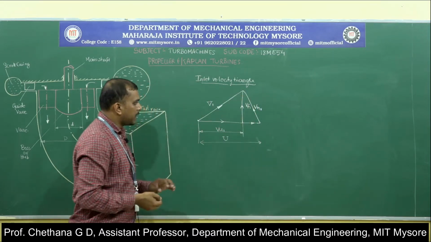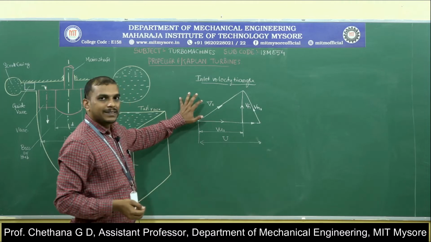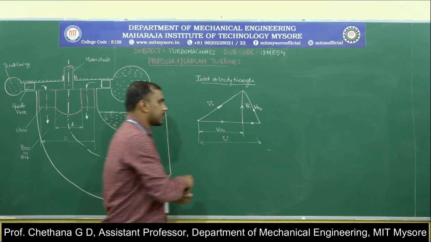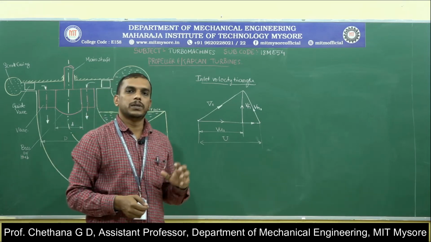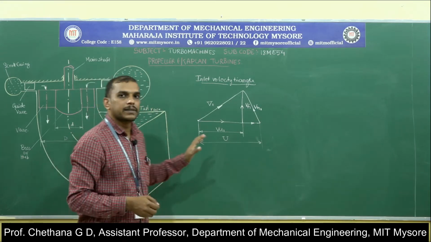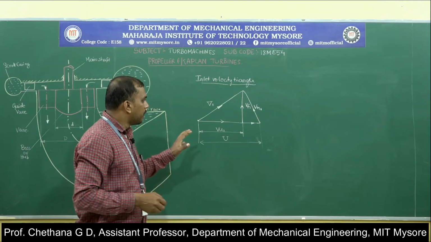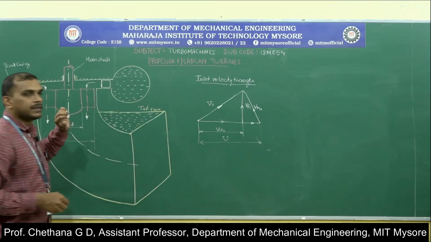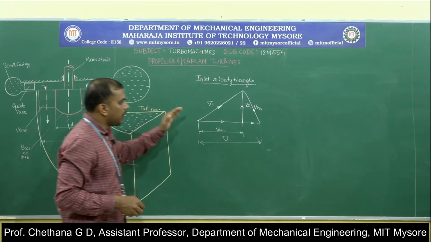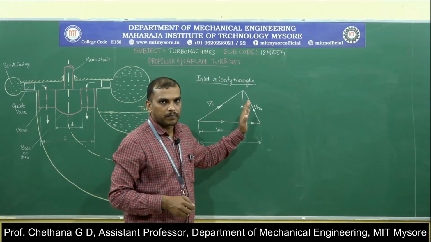Now we are interested in what? This velocity triangle is quite similar to the one which we wrote in the Francis turbine, because we may be thinking that since it is an axial turbine, V1 should be equal to Vf1.